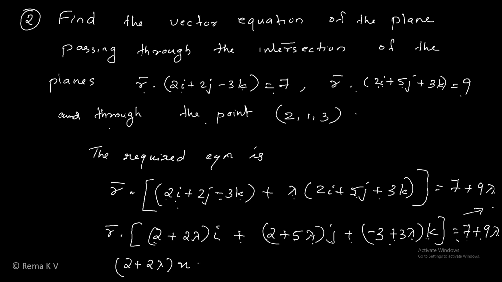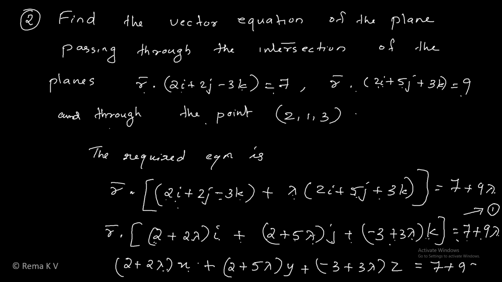Consider this as equation 1. And we are taking the dot product with vector r, so you can write this as 2 plus 2 lambda x plus 2 plus 5 lambda y plus minus 3 plus 3 lambda z equals 7 plus 9 lambda. This 2, 1, 3 satisfies this equation.